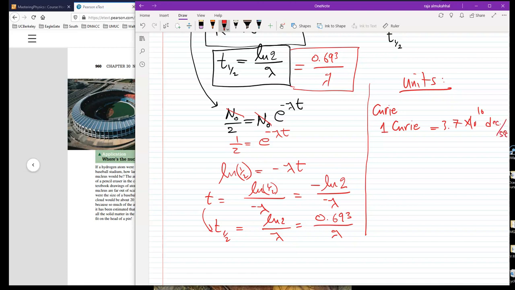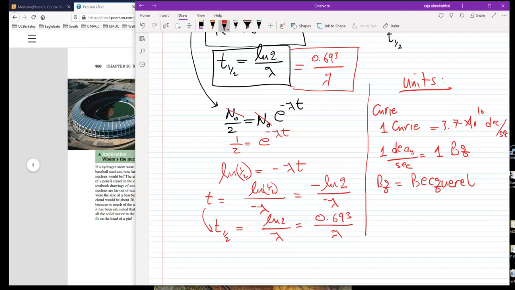And 1 decay per second is called 1 becquerel. Capital B, small q. The becquerel, BQ, spelled B-E-C-Q-U-E-R-E-L, after a physicist by the name Becquerel.